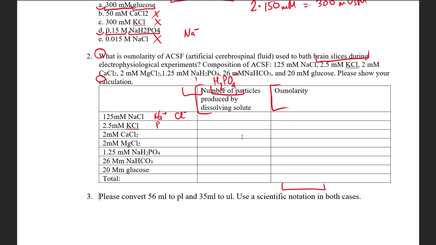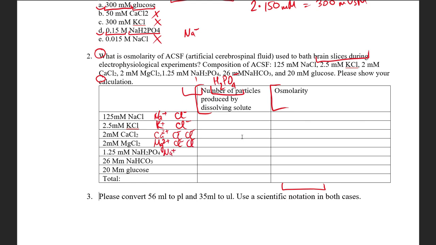The potassium chloride will be like this, so potassium and chlorine. Finally calcium and two chlorines, so it's 2 plus and minus. Magnesium the same way, so it's chlorine and chlorine.